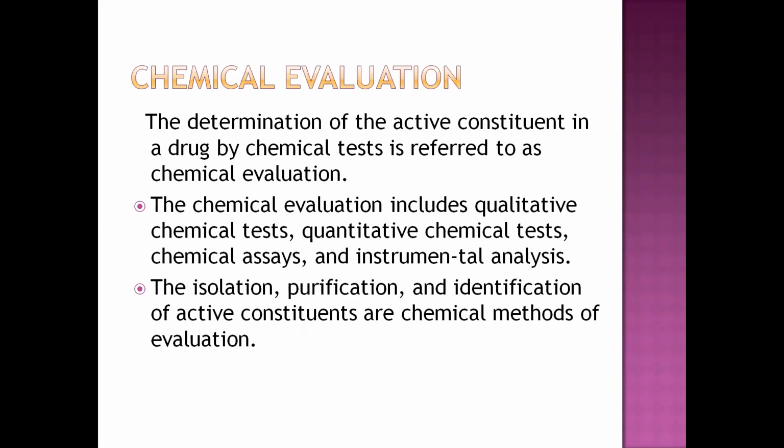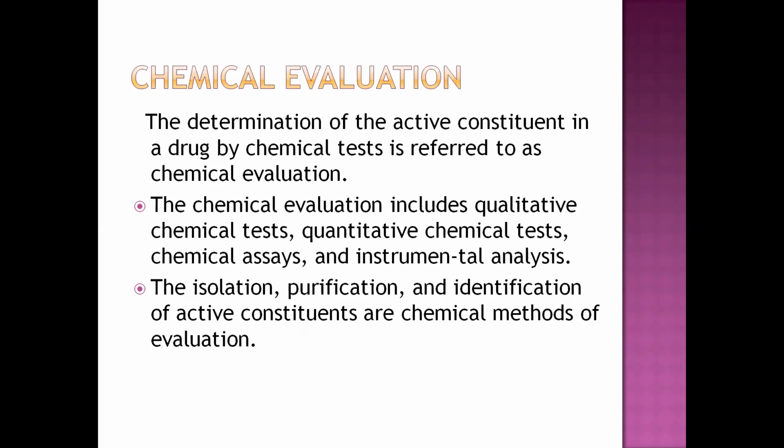In the chemical evaluation method, as is clear from its name, it is related to the chemical constituents, right? So in this method, you have to determine whether your drug is adulterated or not in the context of your active constituents.